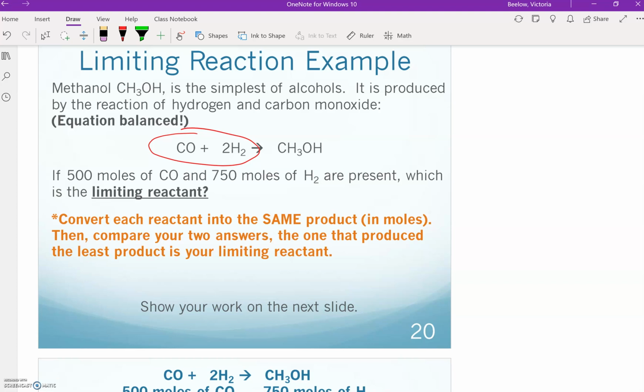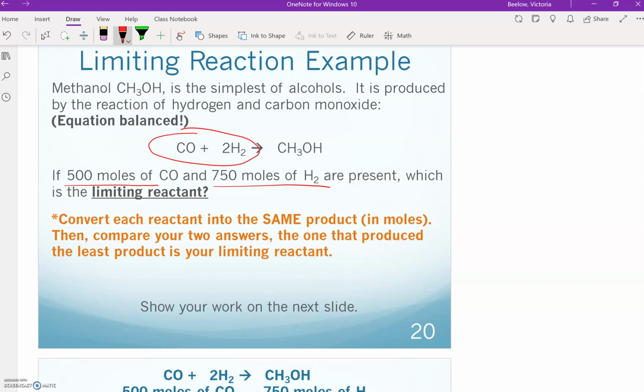Well, what we can do is just a simple picket fence, pretty much what you've already been doing. But the thing is we're actually going to take both of these values that we're given, and we're going to convert both of them into the same product, because then we can compare, again, this is all theoretical stuff we've been talking about.